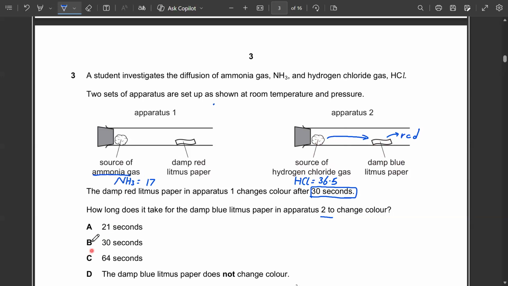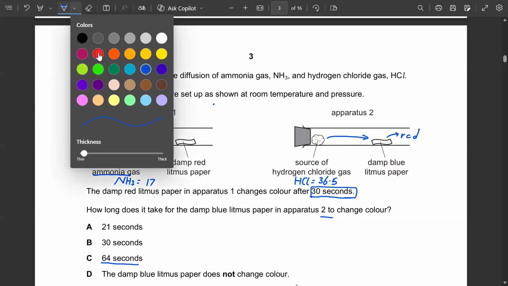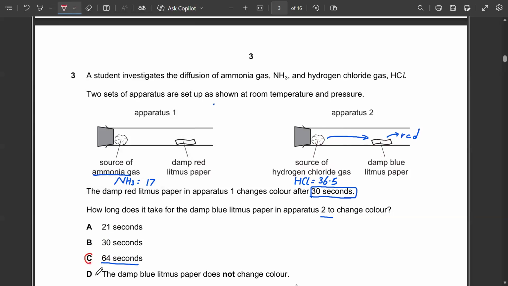The only option with the higher time is 64 seconds. So this is the correct option. D is totally wrong because HCl is an acid and it does convert blue litmus into red. It converts blue to red.